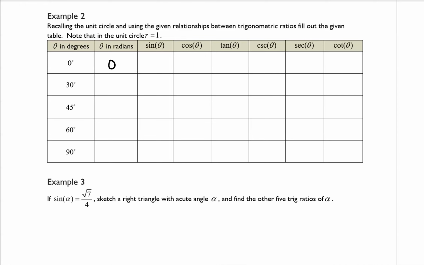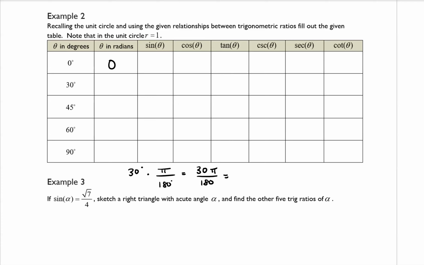The way that we can figure out 30 degrees is by multiplying by, we know the relationship is that pi radians is the same thing as 180 degrees. And so this is going to be 30 pi over 180.